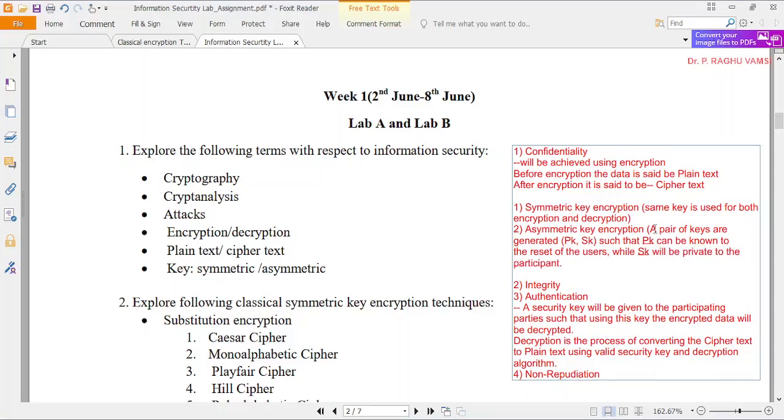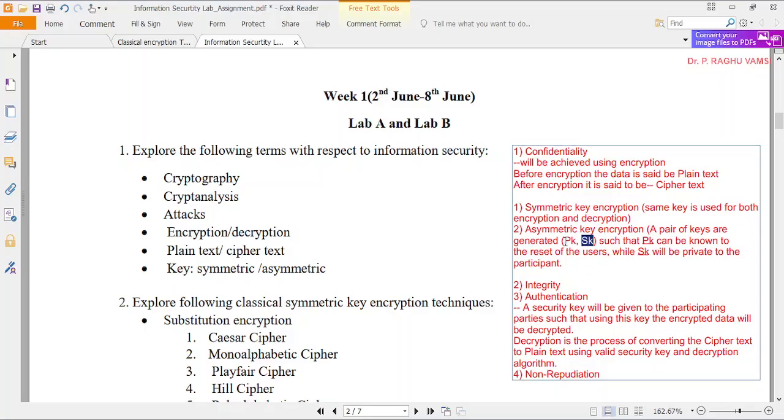The meaning of this is that asymmetric key encryption algorithms have a key generation algorithm which always generates a pair of keys, in which the first key is the public key and the second key is the secret key or private key.